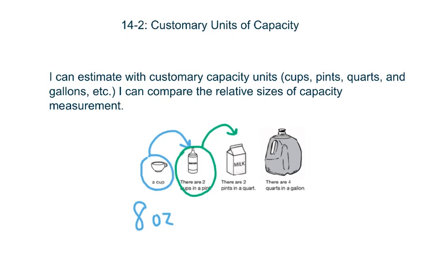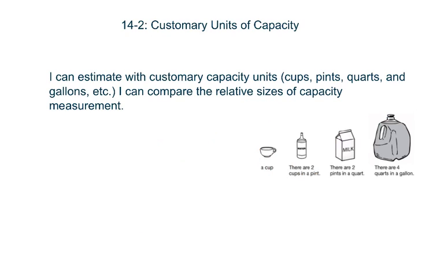And then lastly, we would need 4 quarts to fit inside a gallon. You'll notice that the customary unit of measurement is a little bit tricky. Times 2, times 2, times 4. It's kind of tricky. It would be easier if it was all the same. But that's okay. I'm confident with some practice, you'll be able to learn the customary units of capacity and of all the customary units of measurement.